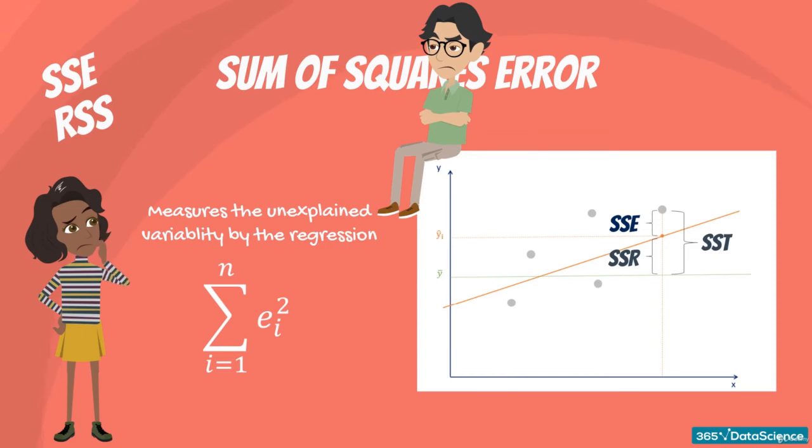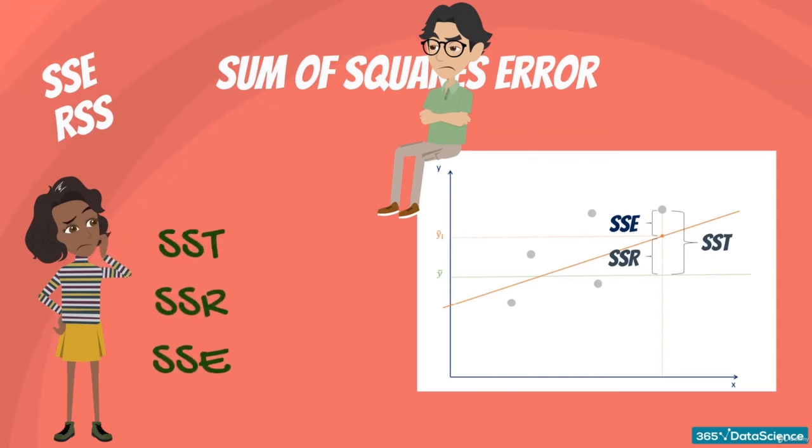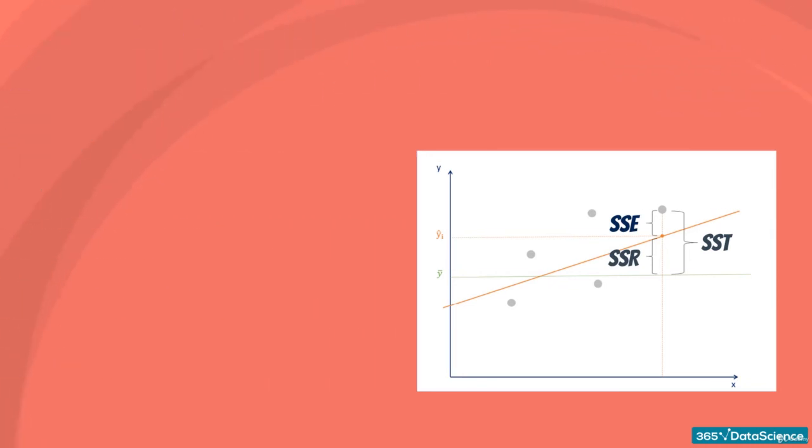For your personal information, the two notations are SST, SSR, SSE, or TSS, ESS, RSS. There's a conflict regarding the abbreviations, but not about the concept and its application. So, let's focus on that.